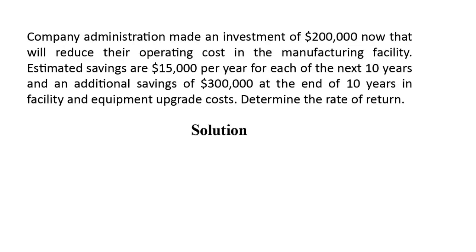So we have to use trial and error to solve this problem. What does trial and error mean? We have to go in the table and select, sorry, the percentage here is not 10, it is the one that we need to find, it is I. So we try different interest rates.